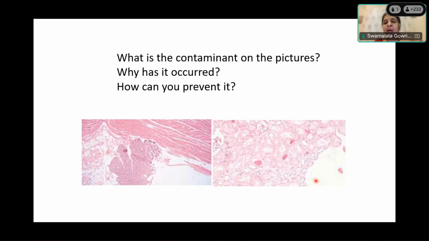Or if you are in a rich lab and you can afford, then especially for immunohistochemistry, we use charge slides, which have a positive and a negative charge, so that by virtue of their charge, the section will get adhered to the slide completely. Okay, so by using those methods, you don't have any of these squamous cells.